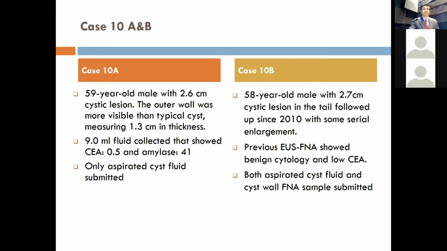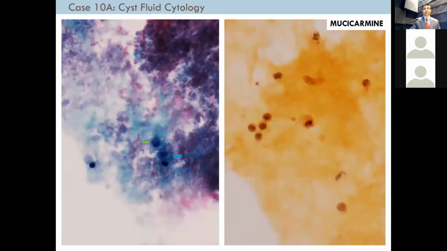In the first patient, only cyst fluid was aspirated and submitted. In the second patient, they aspirated the cyst wall, and because they saw a thick wall, they did FNA of the cyst wall.